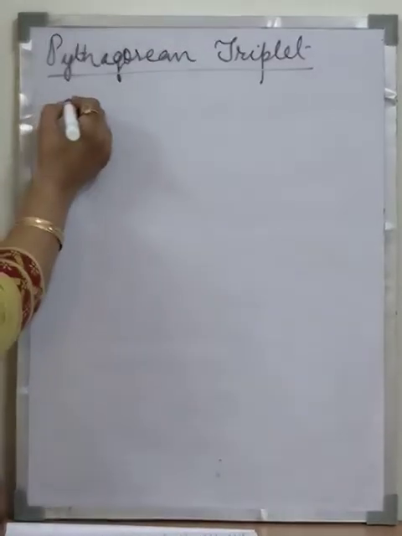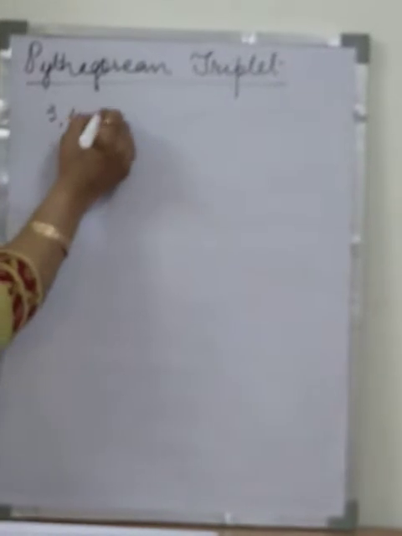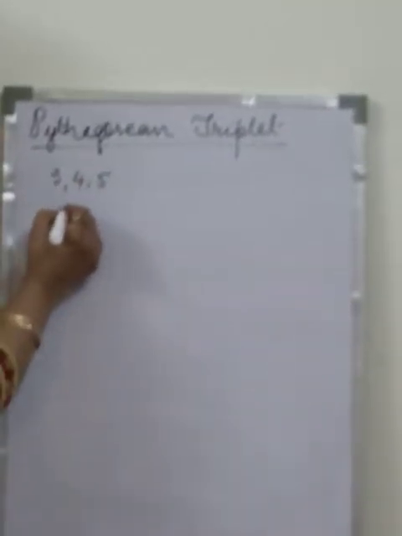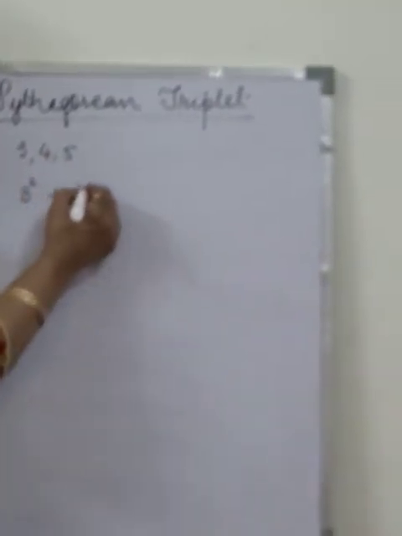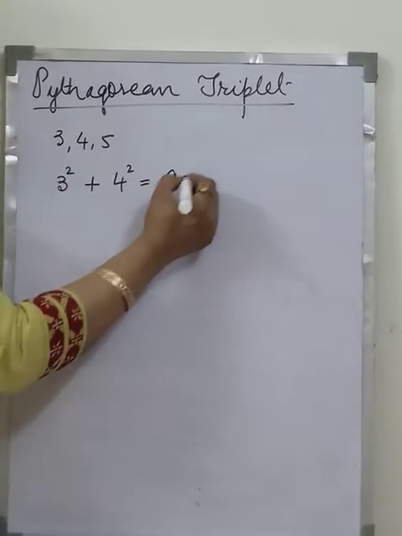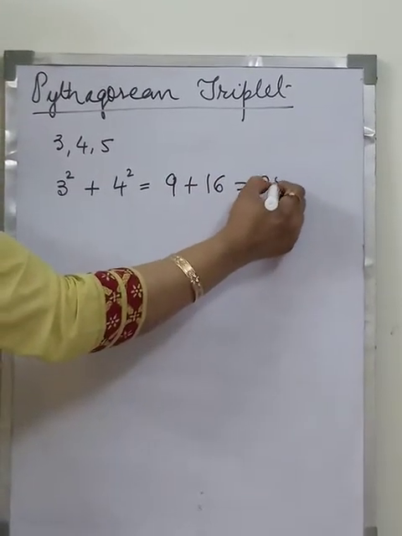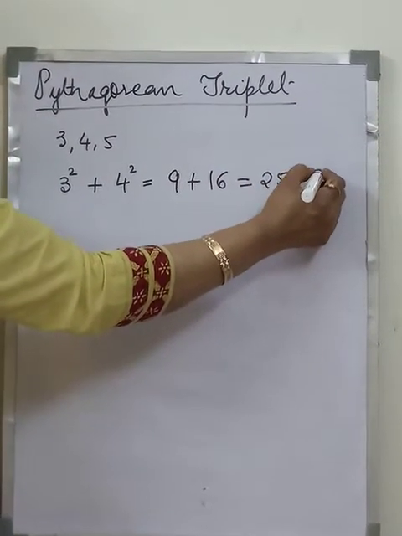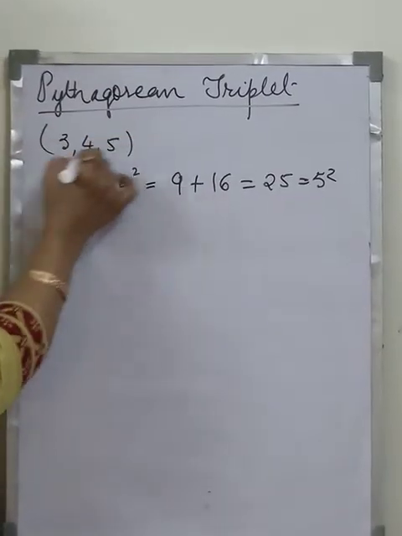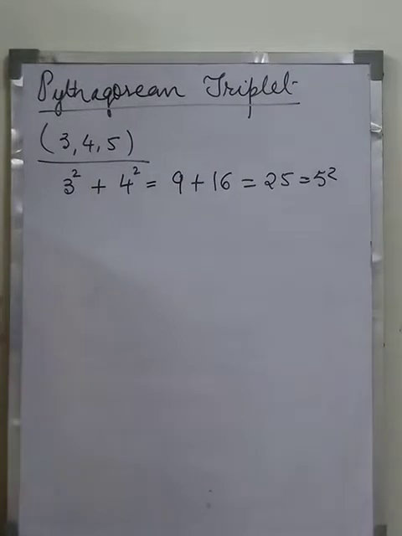See, I have taken 3, 4 and 5. If you find 3 squared plus 4 squared, that is 9 plus 16, that becomes 25. That is equal to 5 squared. Therefore 3, 4, 5 forms a Pythagorean triplet.